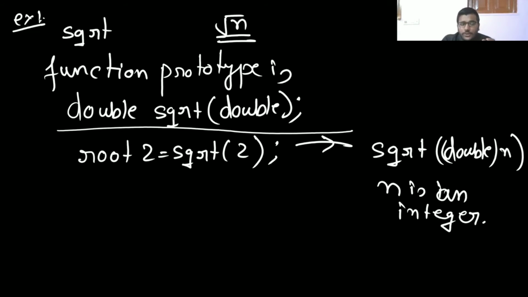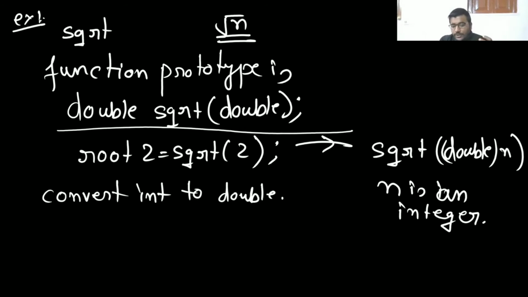If you are calling this function on int, it will do the type conversion. It will convert this int to double.